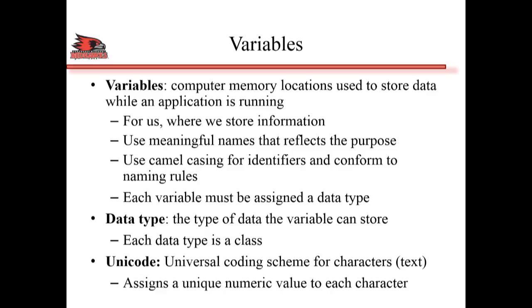So capital A might be assigned a decimal number like 45 or something, and that's what the computer stores in the memory location. But when we actually see the information, we always see the text if it's a string character. So Unicode is basically a unique numerical value assigned to each character.